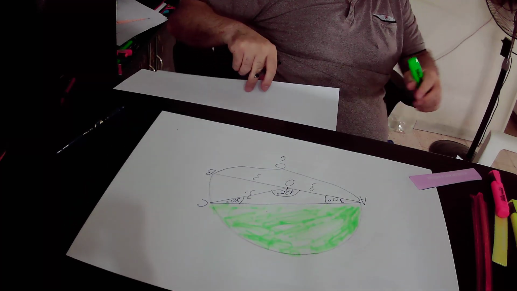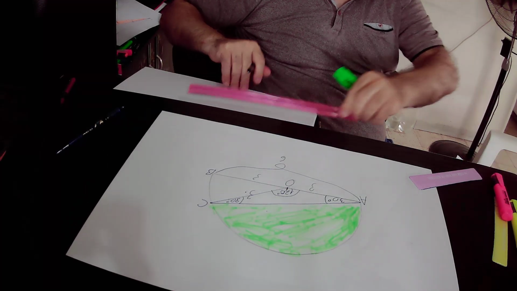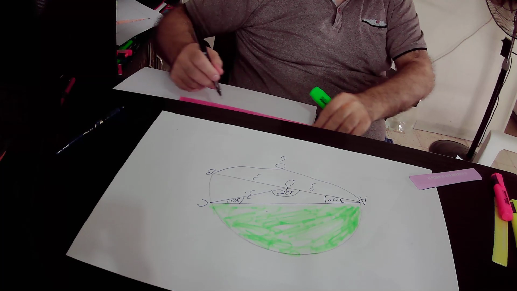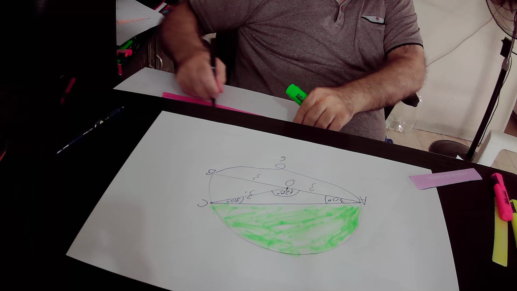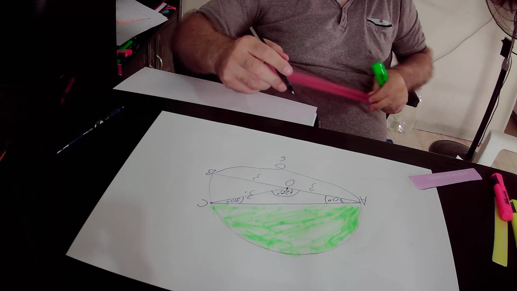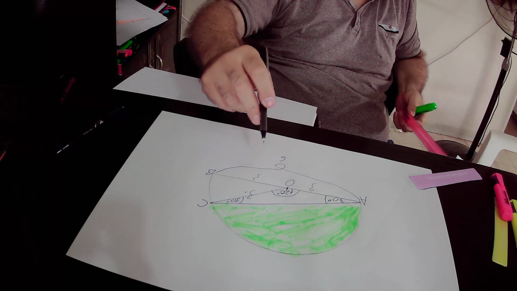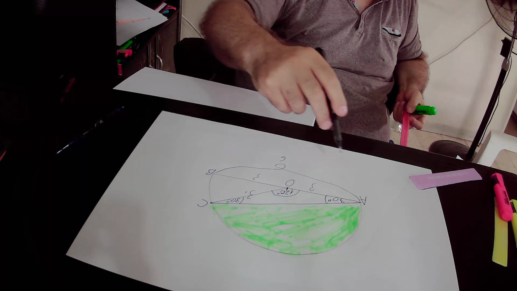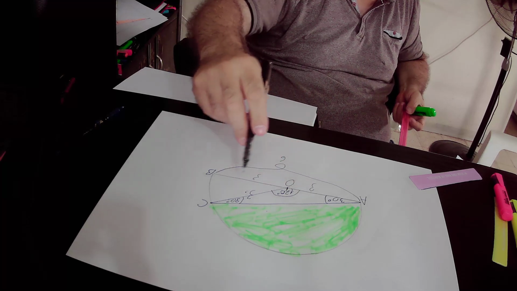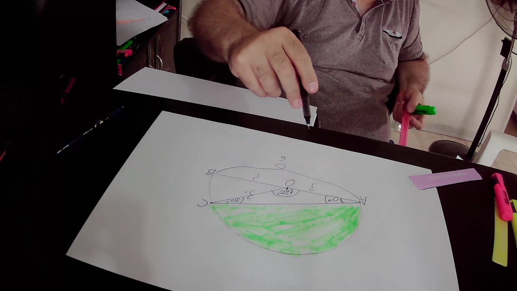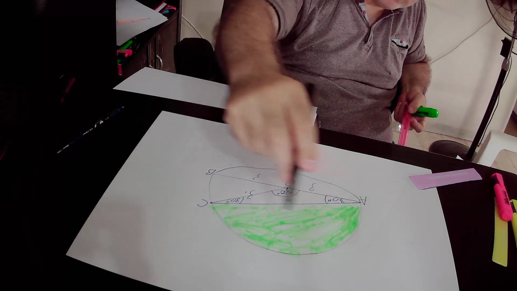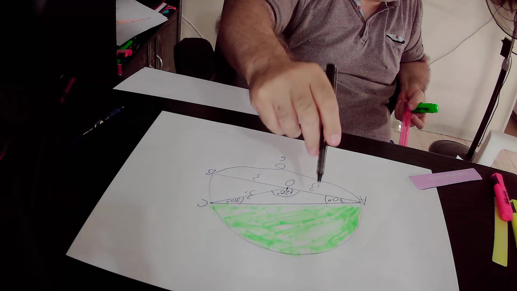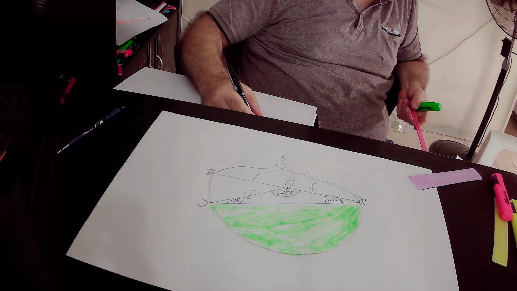But what is actually the area of the green shape? From the drawing, it is very easy to see that the area of this green shape equals the area of sector AOC minus the area of triangle AOC. So I write it down.